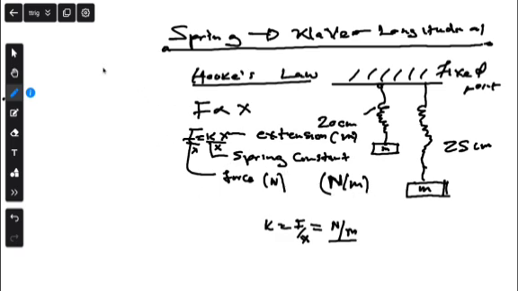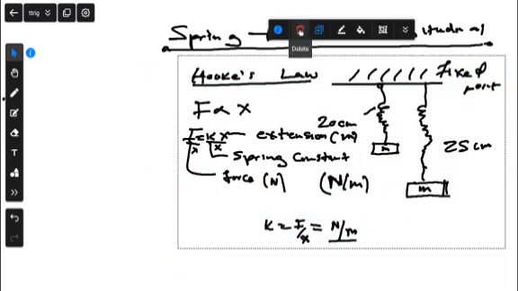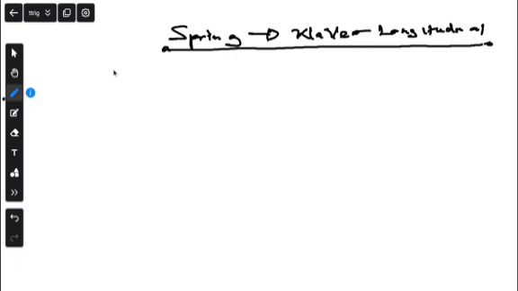Now let me just do this. We have come up with the first formula, which is the formula for Hooke's law, which is force is equal to the spring constant multiplied by the extension. But you and I, we know when you talk of Newton's second law of motion that force is equal to mass multiplied by acceleration.